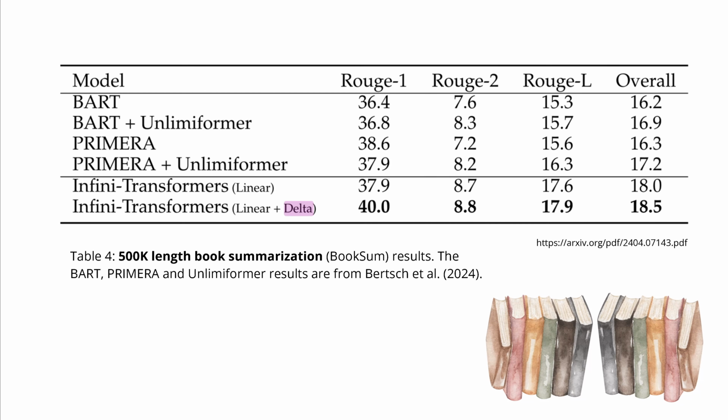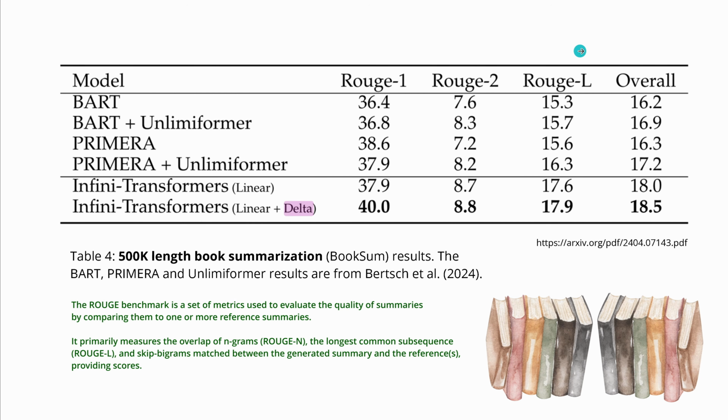So now talking about the summarization task. Let's have a look at a 500,000 token length book summarization task. How good is the performance of the system compared to other systems? And now they give us here in the original literature a benchmark with Rouge 1, 2 and L and the overall benchmark.